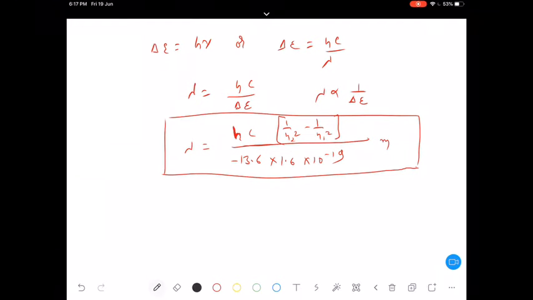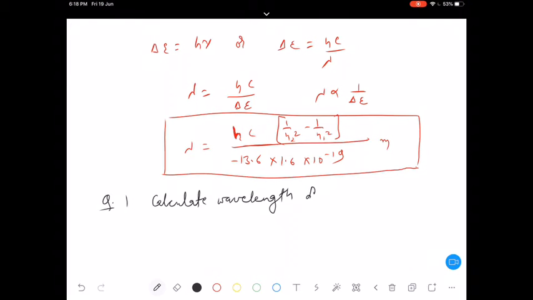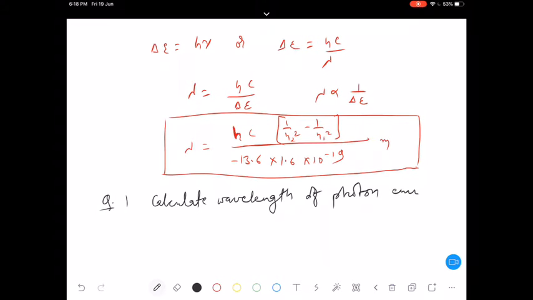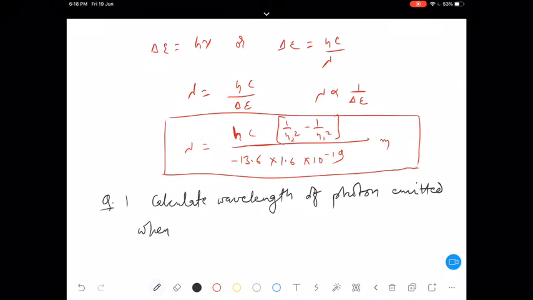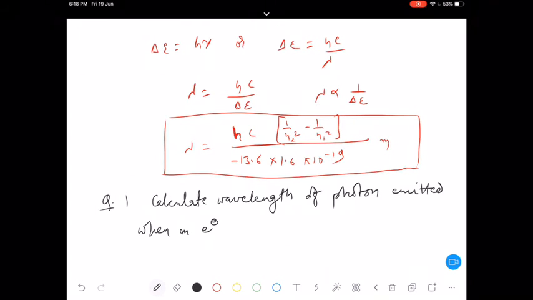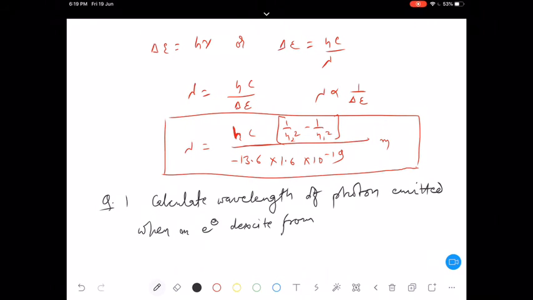Now let's solve one or two problems. Question number 1: calculate the wavelength of the photon emitted when an electron de-excites.